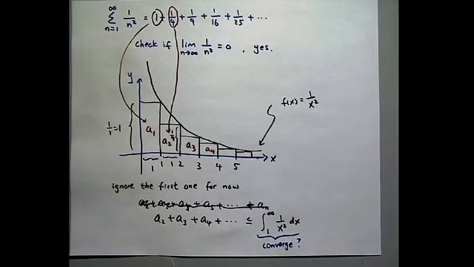Now, do you remember if this improper integral converges? We did that 1 over x to the p thing, remember? And back then we said that if the power is bigger than 1, this would converge. So this does.